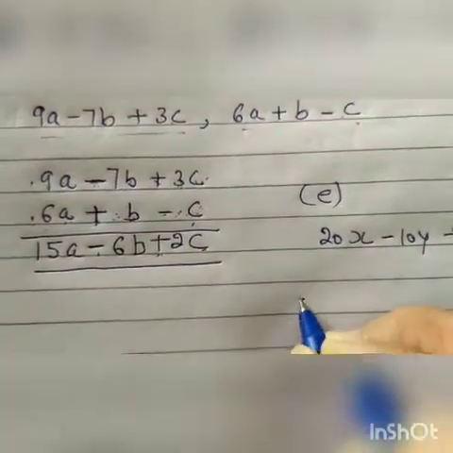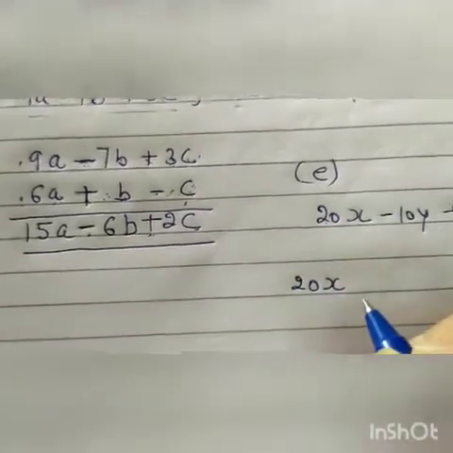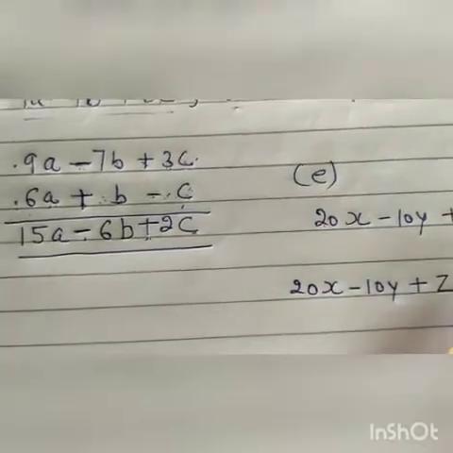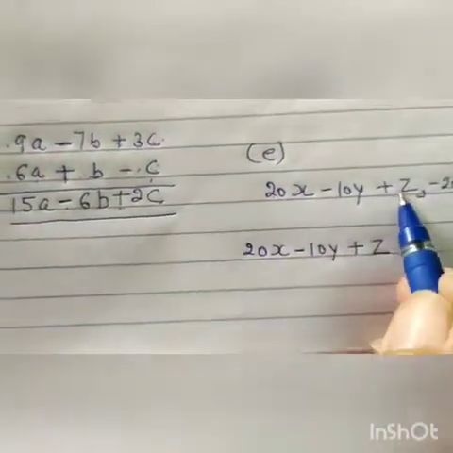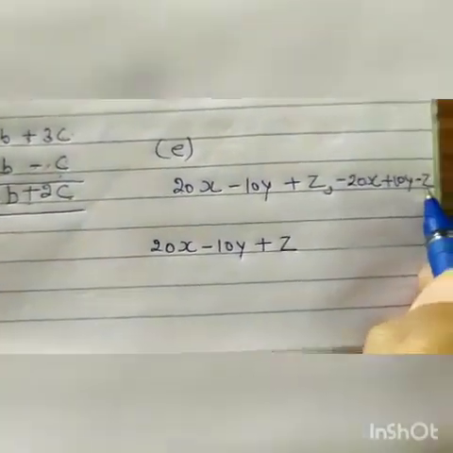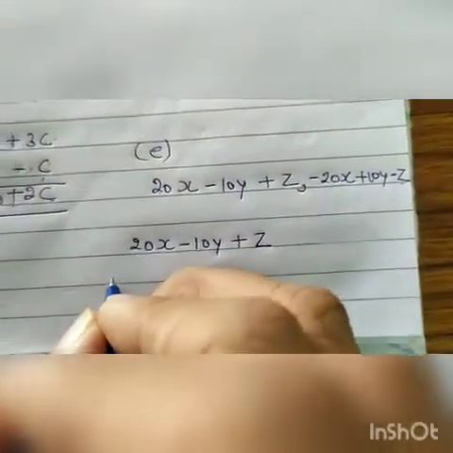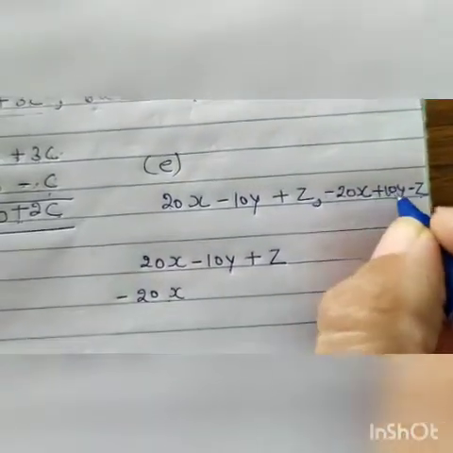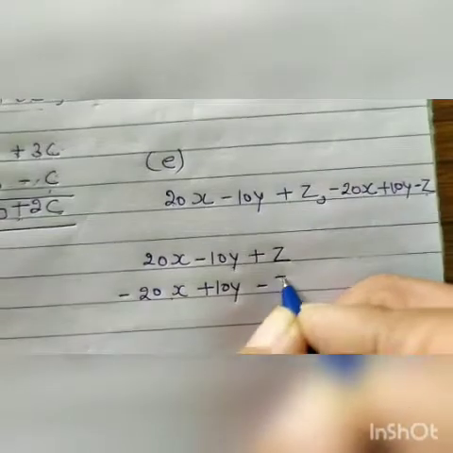First we will write the first algebraic expression, 20x minus 10y plus z. Then write this second algebraic expression in the second line. It is minus 20x. We will write minus 20x below this term. Then plus 10y. Then minus z.